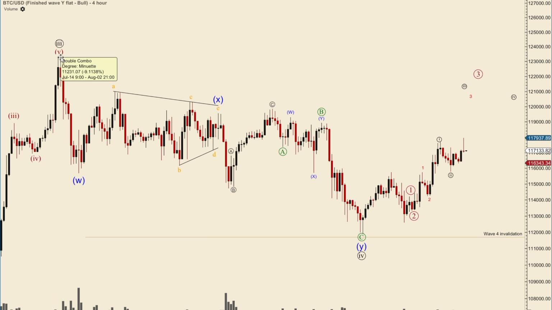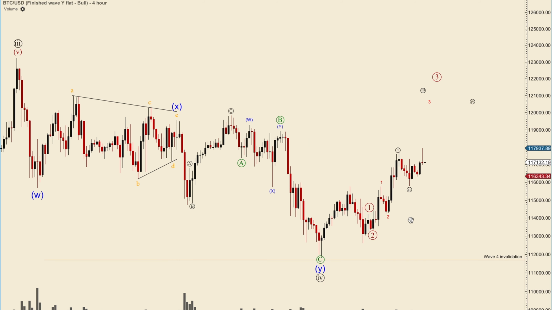And here you can see that we have a zigzag. Wave X is a triangle, and then we have an expanded flat. So A, B, C. And that is perfectly fine in a sideways scenario.